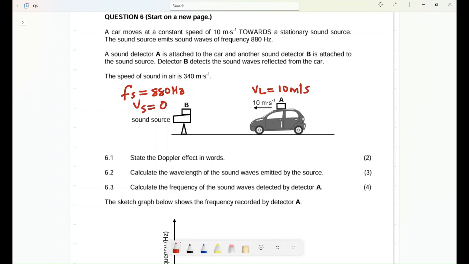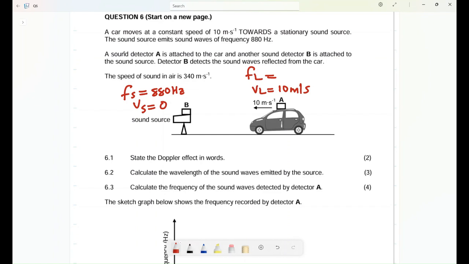The waves will travel in air that has a speed of 340. I'm not saying the sound source is traveling at a speed of 340. No, the sound waves that will be propagated will be moving at a speed of 340. Now, we do not know the frequency of the listener. We do not know it.